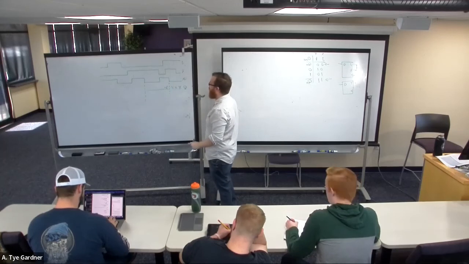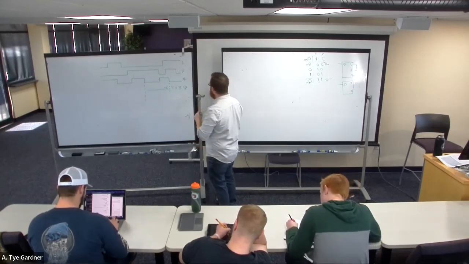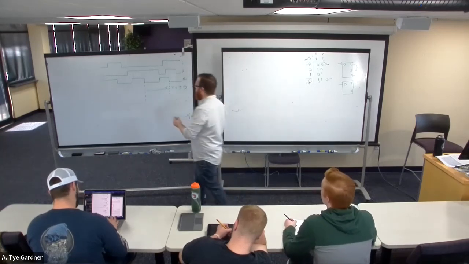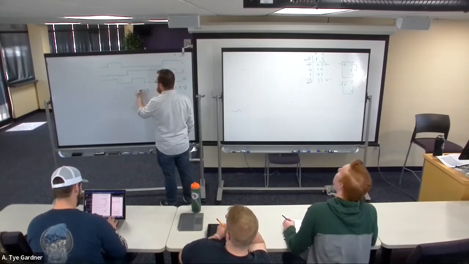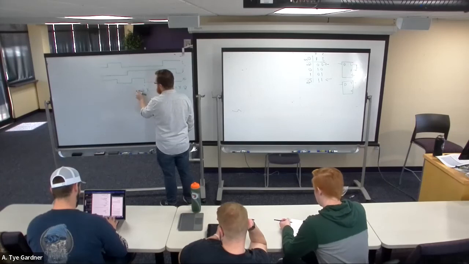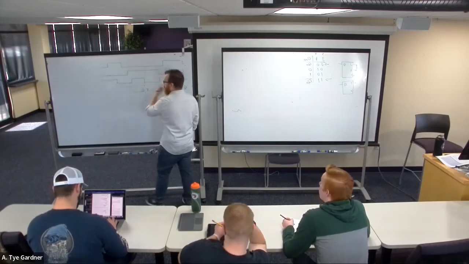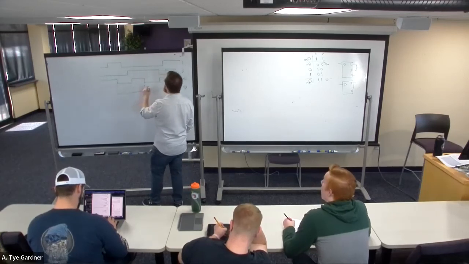Okay, I've got another rising edge. Now I've got J is 0 and K is 1. Well, if I look over here, K is 1, that's reset. Now I have a value 0, right? This rising edge of the clock is the other way.